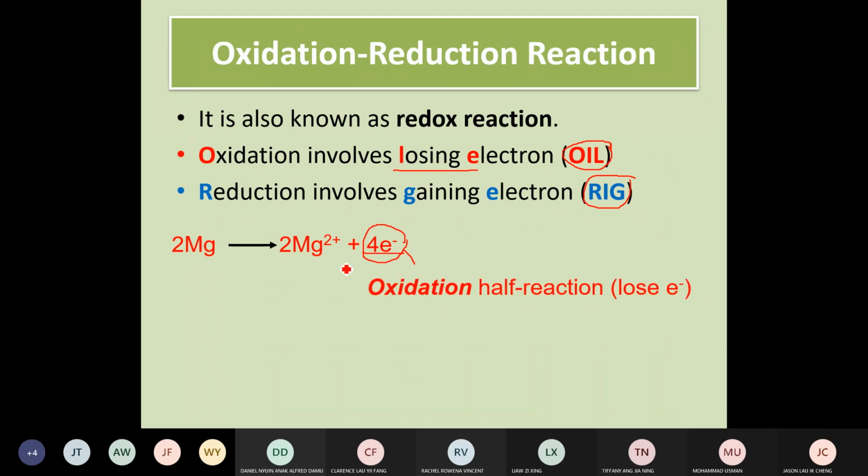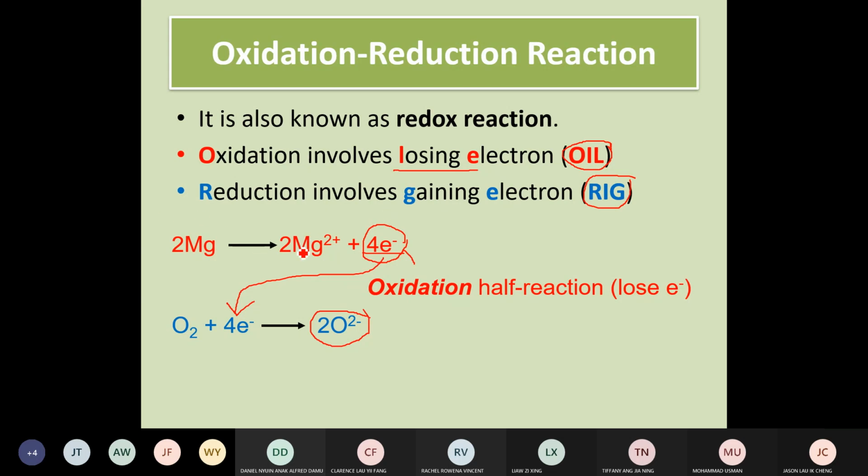This is the oxidation half cell, we'll see half cell reactions later, and then these 4 electrons are taken up by oxygen, and the reduction happens to oxygen. That means oxygen is gaining the electrons. So this is quite simple: oxidation is losing of electron, reduction is gaining of electron.